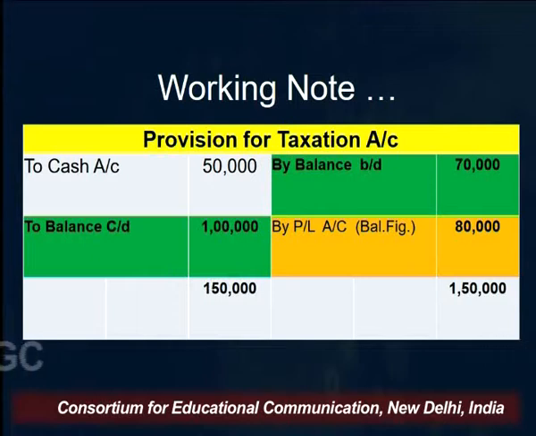Now you must be learning here that we have to sense from the movement of transactions. The question has not disclosed any information regarding this allocation of 80,000. But based on the information provided with regard to the provision for taxation account, we tried to sense what could have been done, the way in which the company might have managed this provision for taxation account.